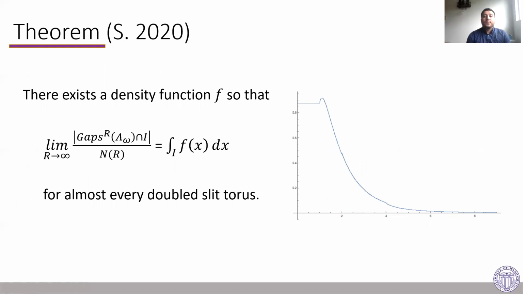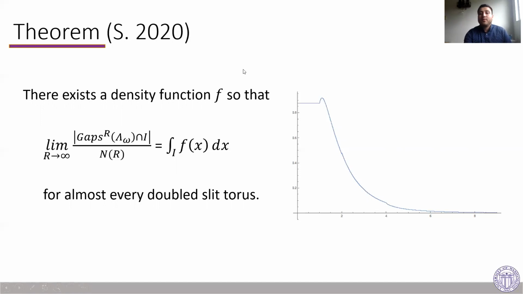This density function plays the role of the function 1 over e to the x from the IID case. So if I want to find out the proportion of gaps inside of some interval I, all I have to do is grab my density function and integrate it against the interval. And the picture to the right here is actually a graph of the density function f, right? It's a very wild graph, but it's a nice piecewise analytic function with 3 points of discontinuity.